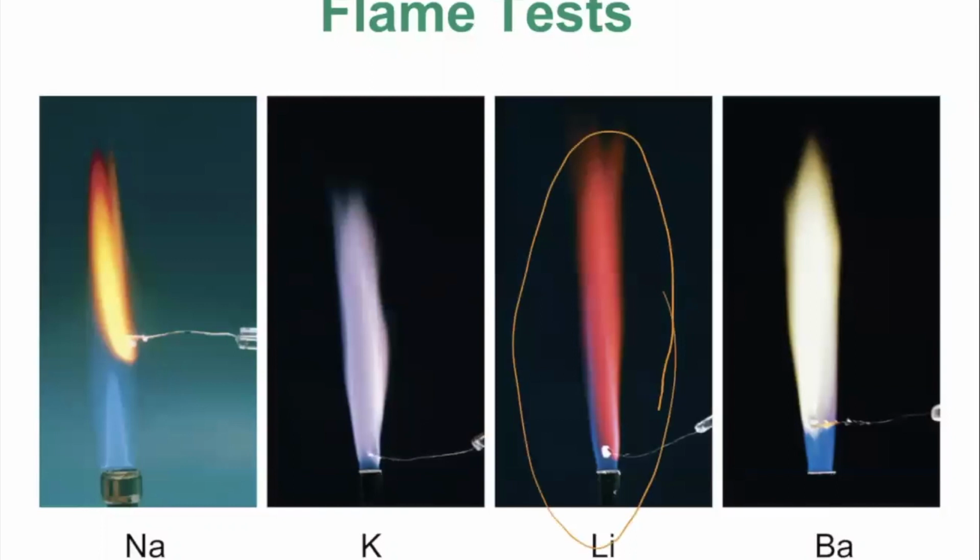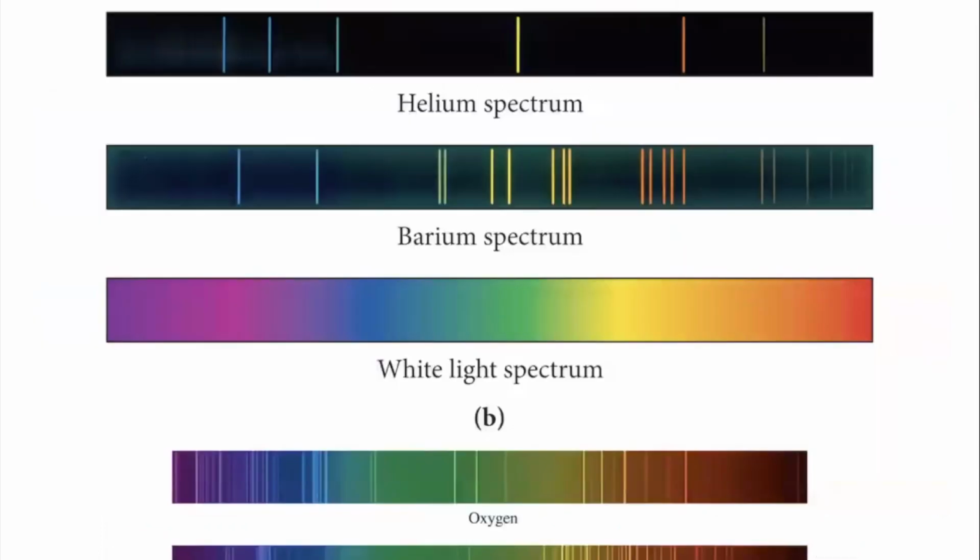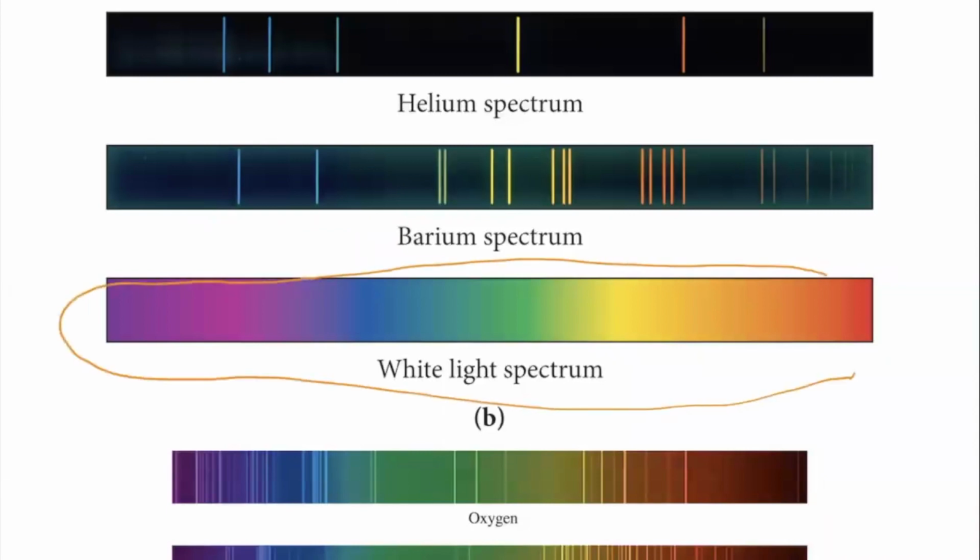Notice the difference between white light versus helium or barium. White light is continuous, meaning there is no sudden interruption, so there is no object that the wave is going to cross. There is no interruption in the intensity of light as a function of wavelength.